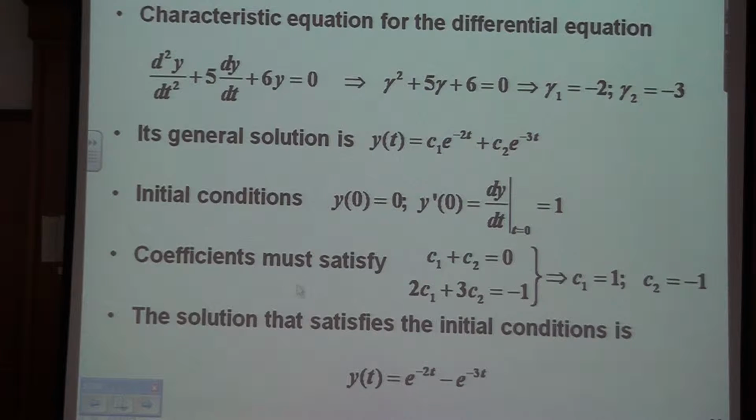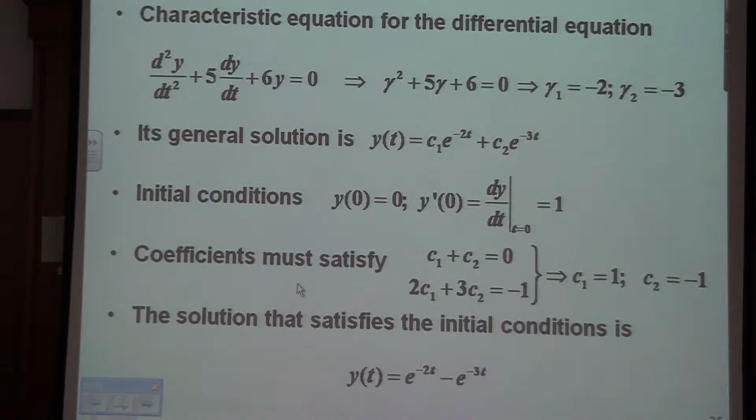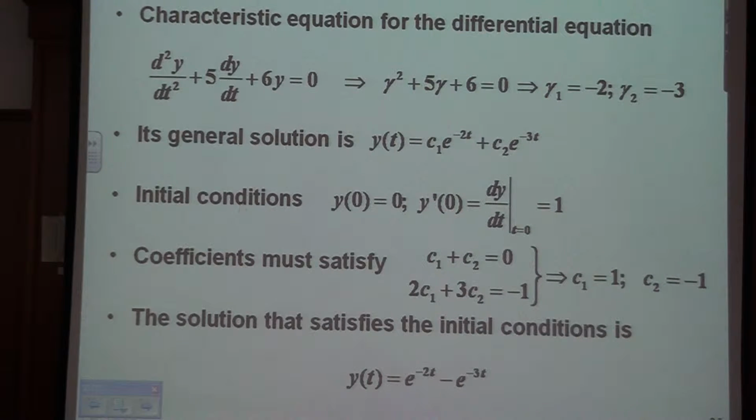But this assumes your system initially has non-zero initial conditions. If all your initial conditions are zero, then what happens?